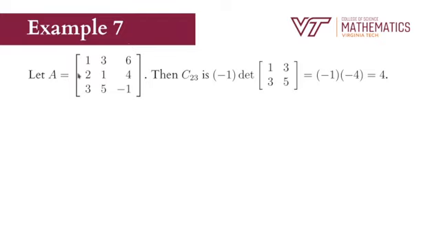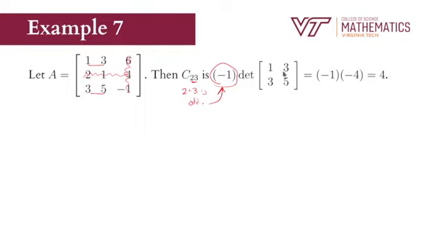So in this example, we have this matrix A, and we want to find the cofactor in the 2, 3 position. So that means we are eliminating row 2, and we're eliminating column 3. And so that would leave you with 1, 3 on top and 3, 5 on the bottom. But 2 plus 3 is odd, and so we're going to change the sign.